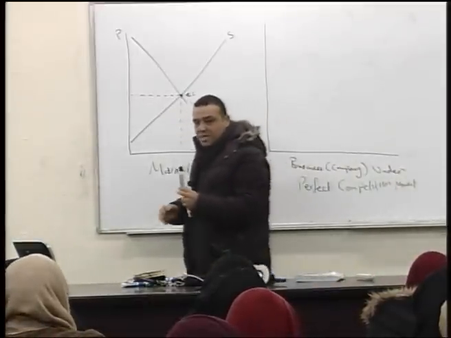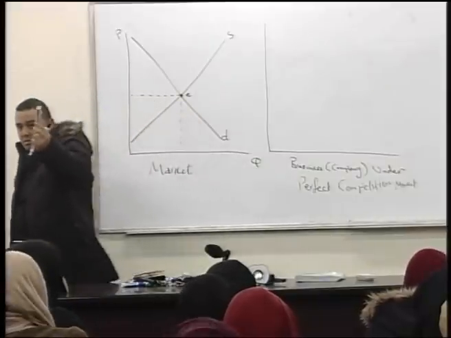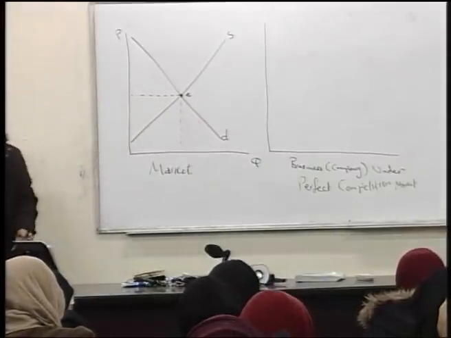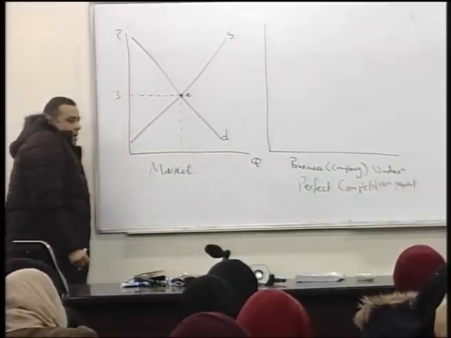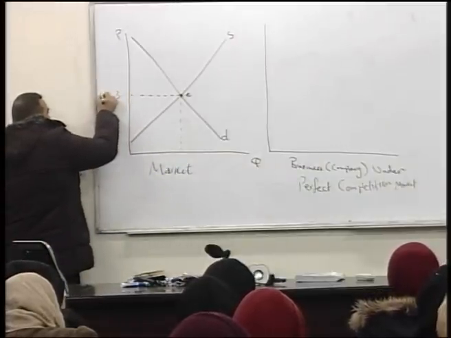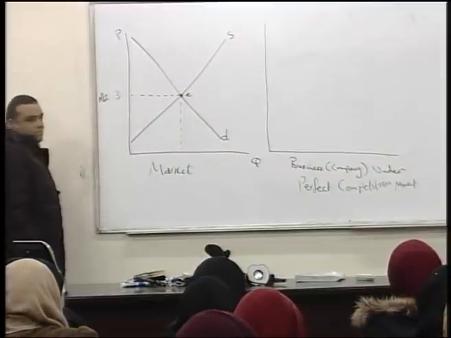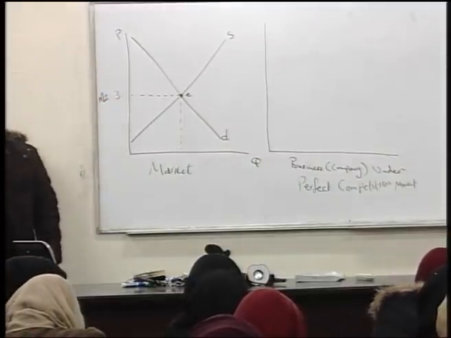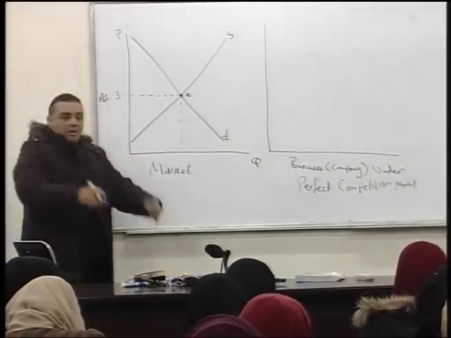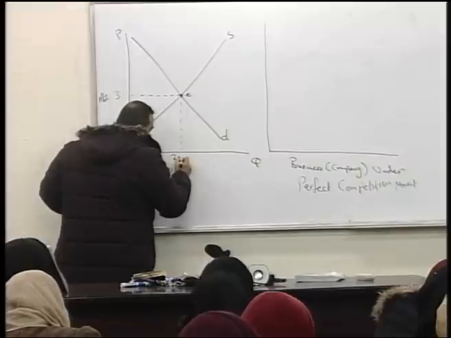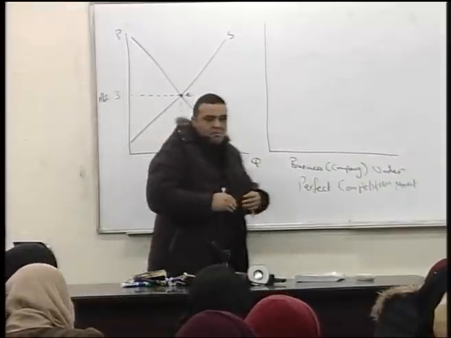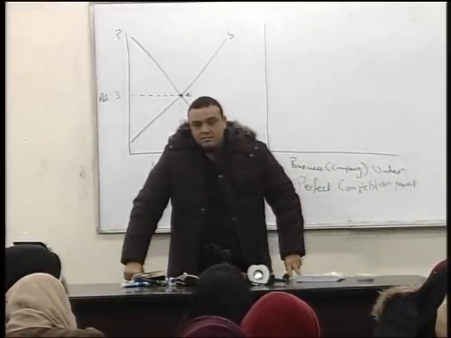And let us assume that the price per unit of this type equals 3 shekels. And the quantity sold in the market as a whole equals 20,000 units for all the market here, right?